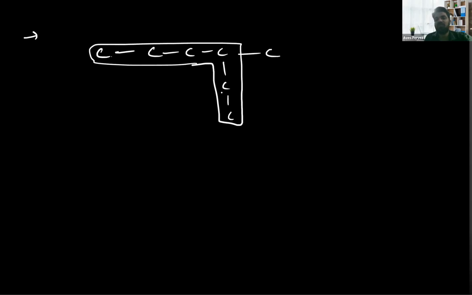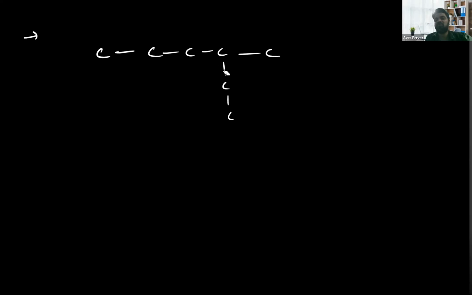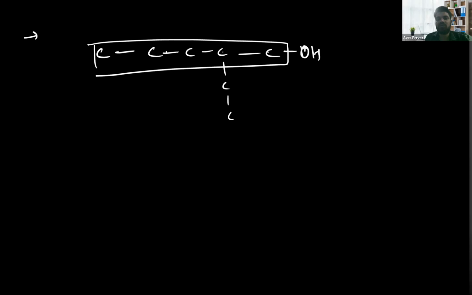Because this is the longest one: 1, 2, 3, 4, 5, 6. And it should be followed by the double bond and triple bond, and include the functional group. There should be a functional group attached. For example, if the functional group is attached to this one, then the longest carbon chain will be this one: 1, 2, 3, 4, 5. We don't choose this one. We will not go through this.